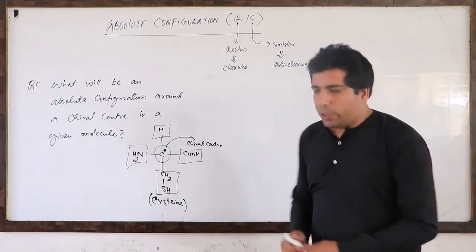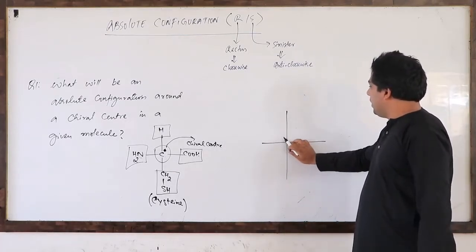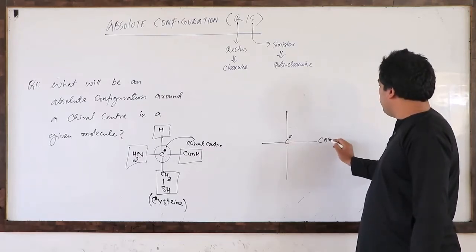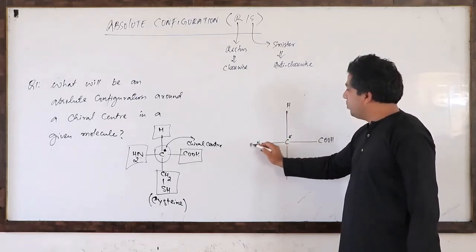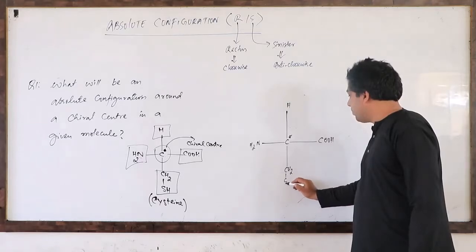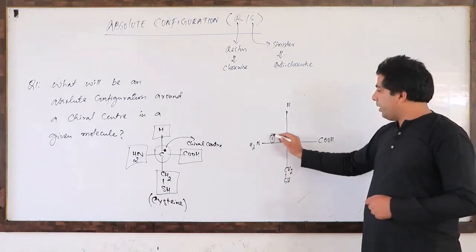So let us take this molecule here, my dear friends. This is the chiral center here. And here we have COOH. Here we have H. Here we have NH2. Here we have CH2SH.